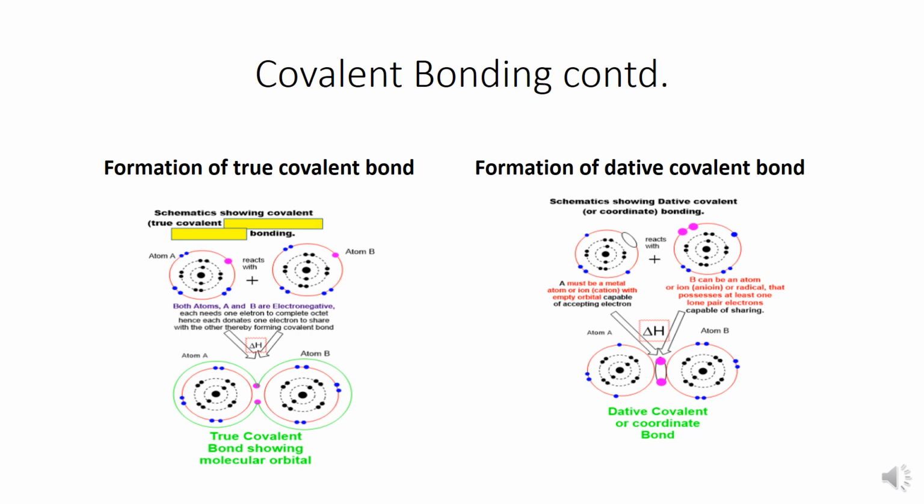The two red electrons are sent into this vacant orbital and there shall be a bond. A dative covalent bond is formed here as it joins the two electrons together. So that is the situation where we talk about true covalent and dative covalent bond.